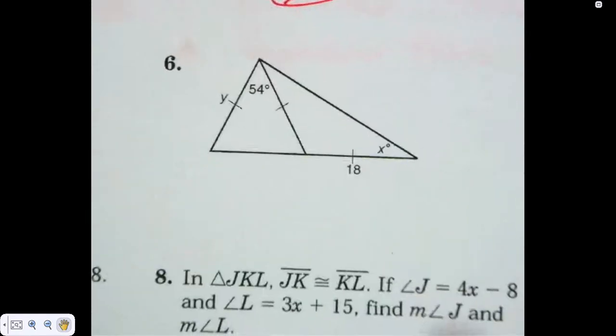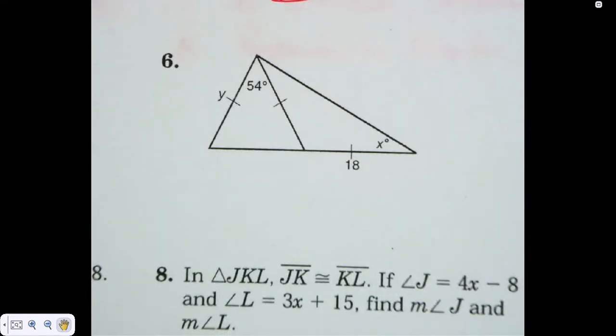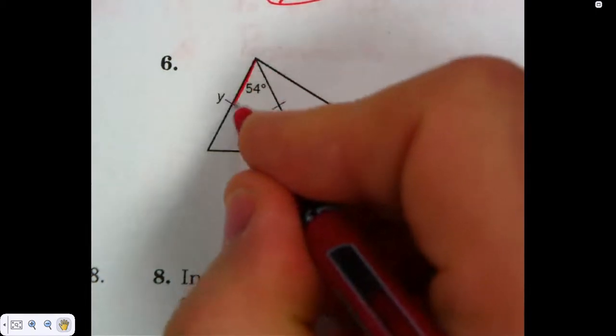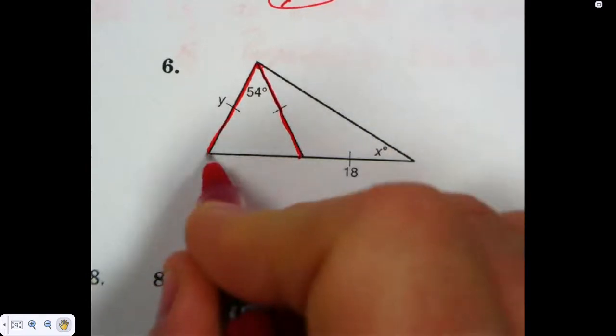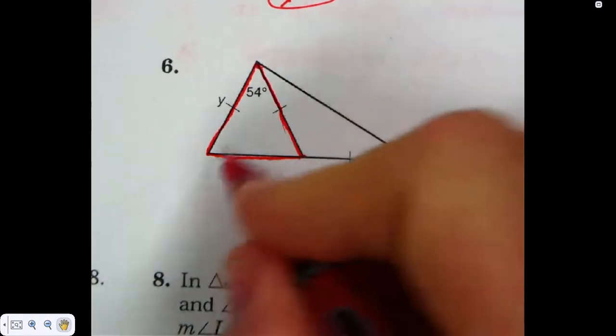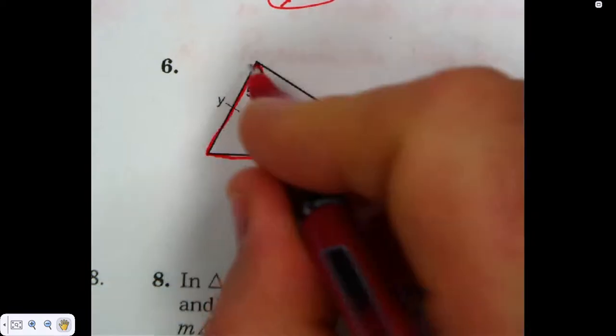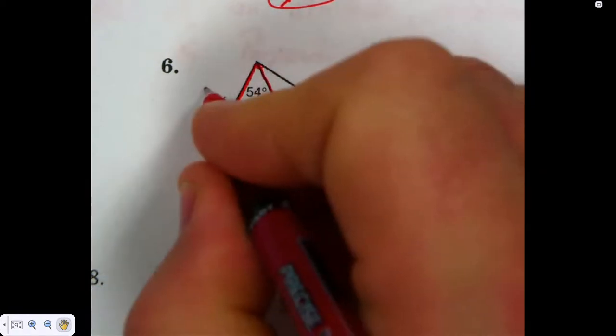How are they trying to confuse you right here? Where is your isosceles triangle here? It's just right here, isn't it? Wouldn't you agree with me? That's the isosceles triangle, and you got an isosceles triangle right here as well. So if this is 18, what's this one? So what's that?